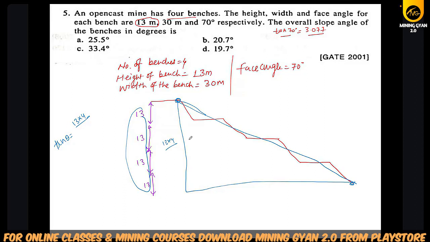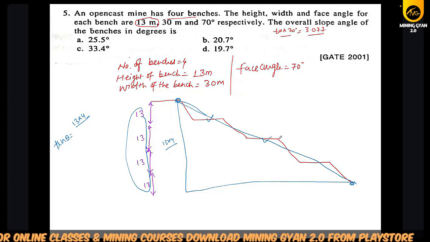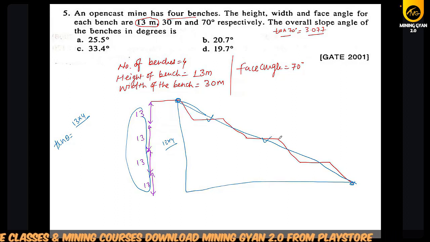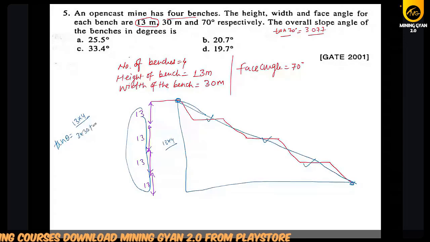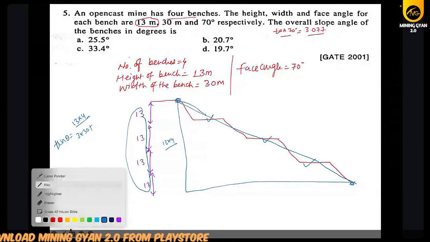Then the bench widths: 1, 2, 3 widths. So 3 into 30, plus this x.